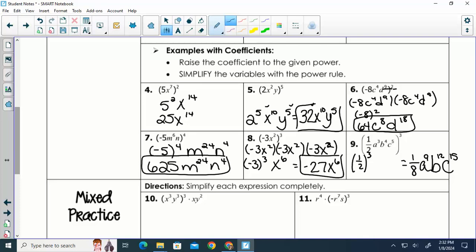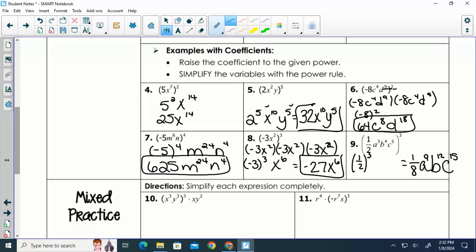1/8, a to the 9th, b to the 12th, c to the 15th. All right. The last section is going to combine everything that we're doing. So before I look at that, are there questions on these problems?